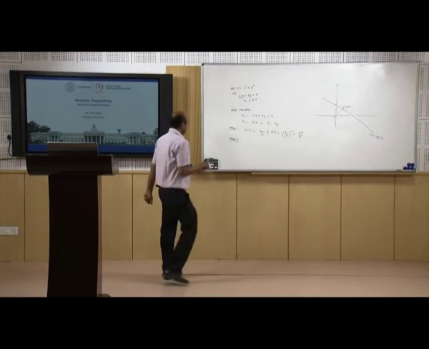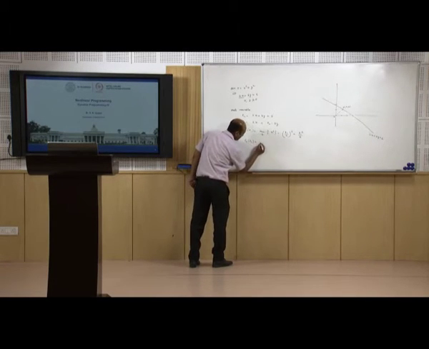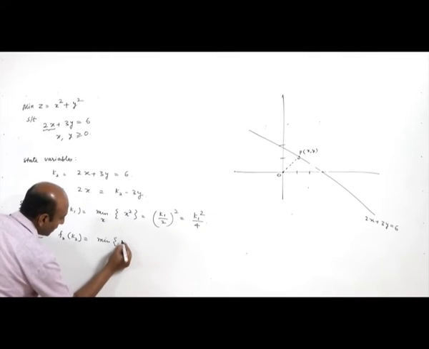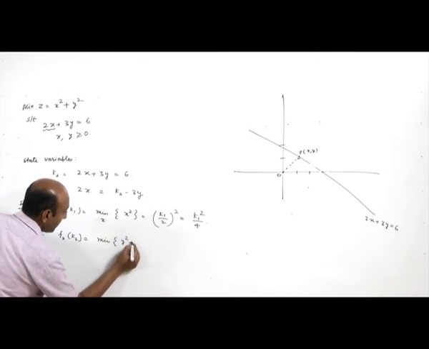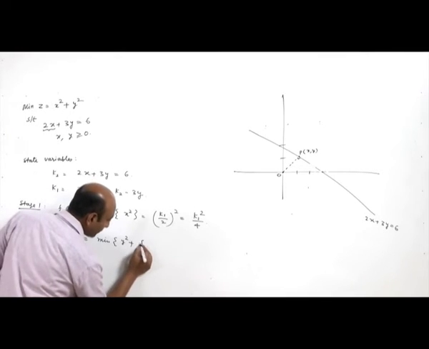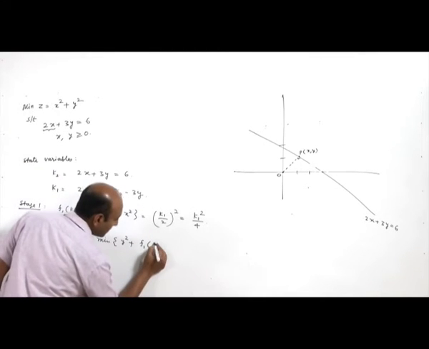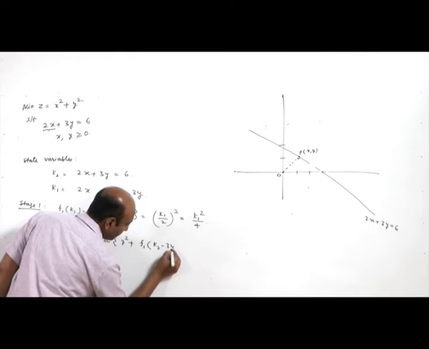Okay. So, it is f2(k2), which is the minimum of y square plus whatever we obtained in the previous stage, that is f1(k1), and k1 is k2 minus 3y.